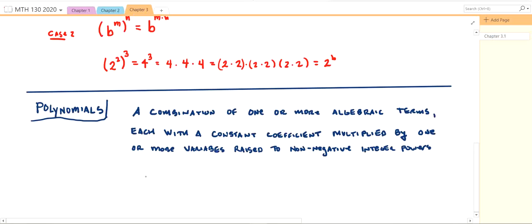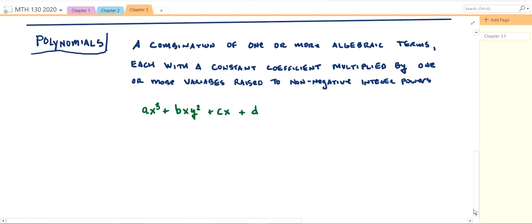For example, you might have a x cubed plus b x y squared plus cx plus maybe d. So this is a polynomial, and in this situation here, a, b, c, and d are our constants, our constant coefficients.